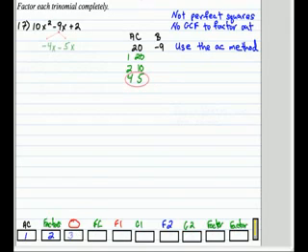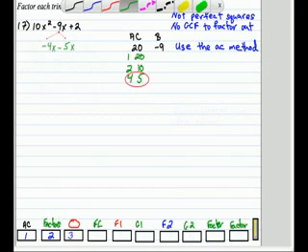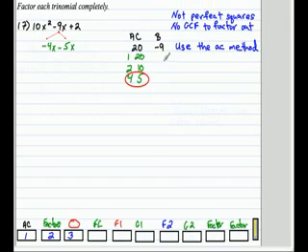So I use the fact that negative 9 equals negative 5 minus 4. So I used a negative 4, negative 9. Brought down my other two.